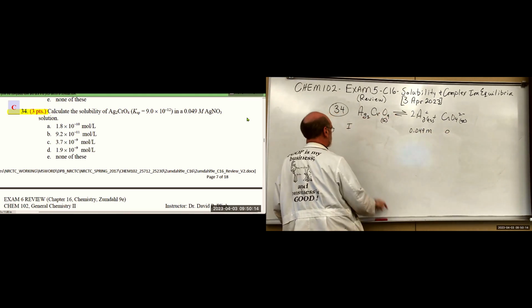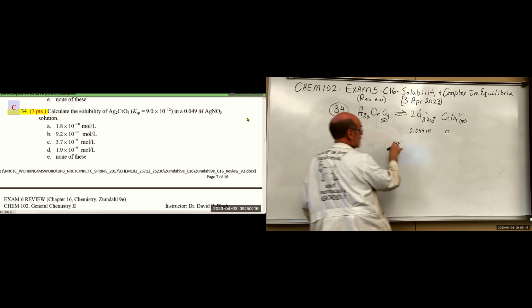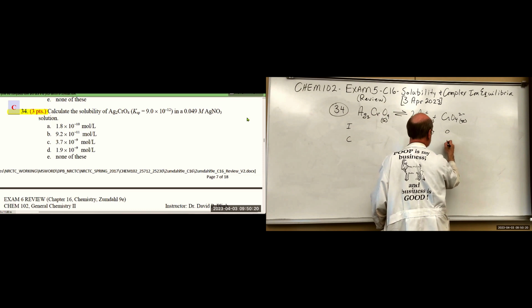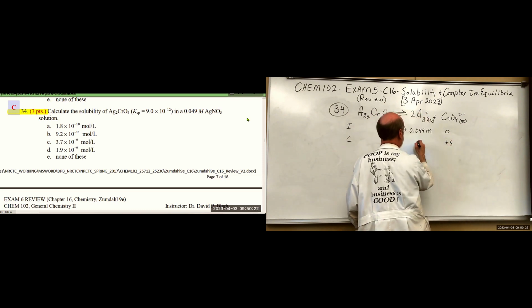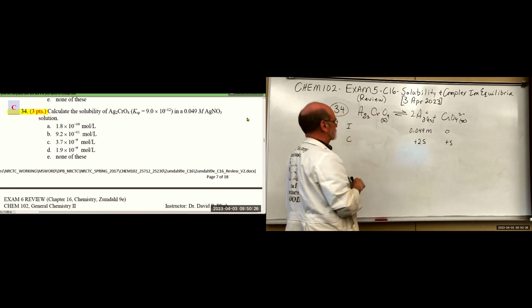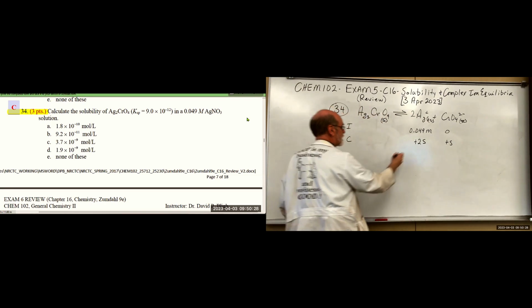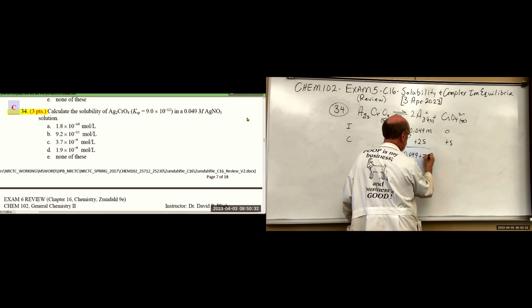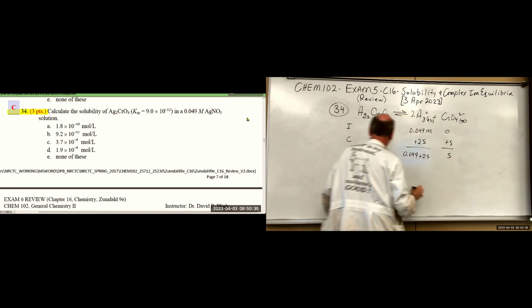And the change is going to go this way. We're going to add some here, and we're going to add 2 here. So what we get is 0.049 plus 2s and then s.